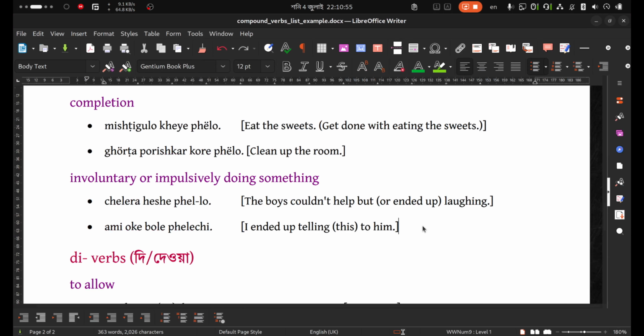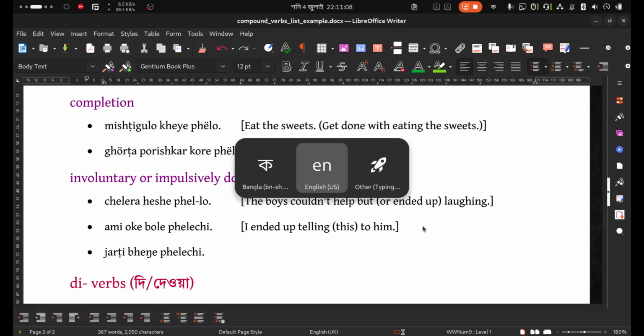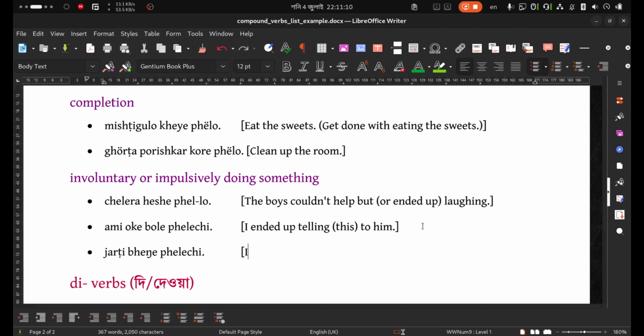So I can add this sentence here. জারটি ভেঙে ফেলেছি। I ended up breaking the jar. জারটি ভেঙে ফেলেছি। I ended up breaking the jar.